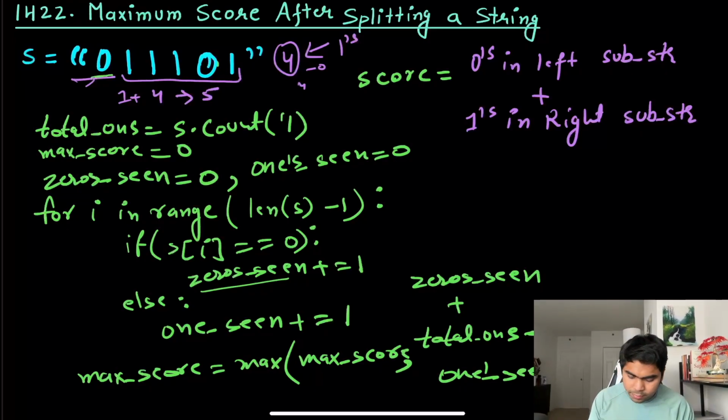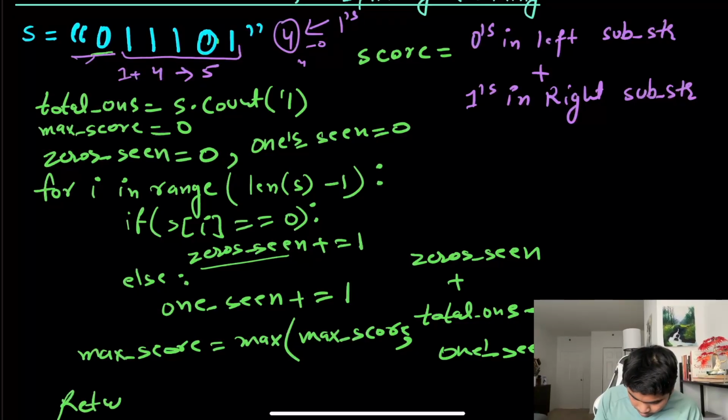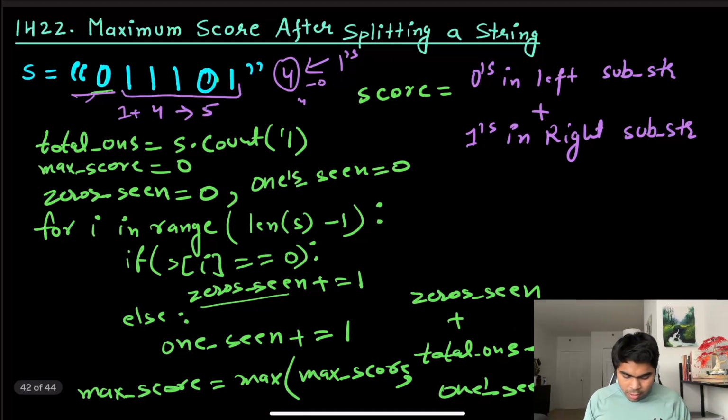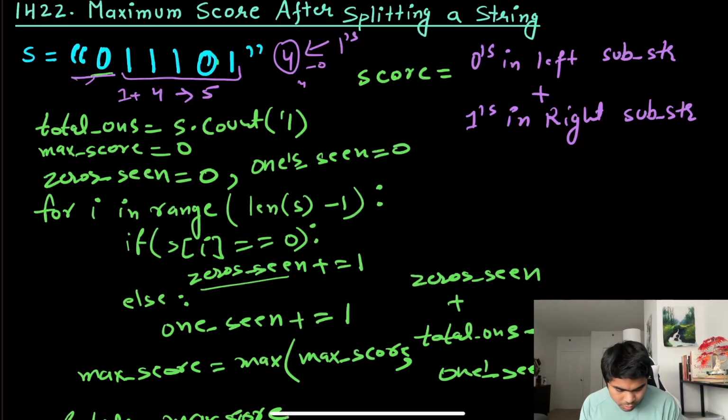I hope it makes sense. We have already discussed this. And in the end we can just return max score. Now this does not introduce any space complexity, right?